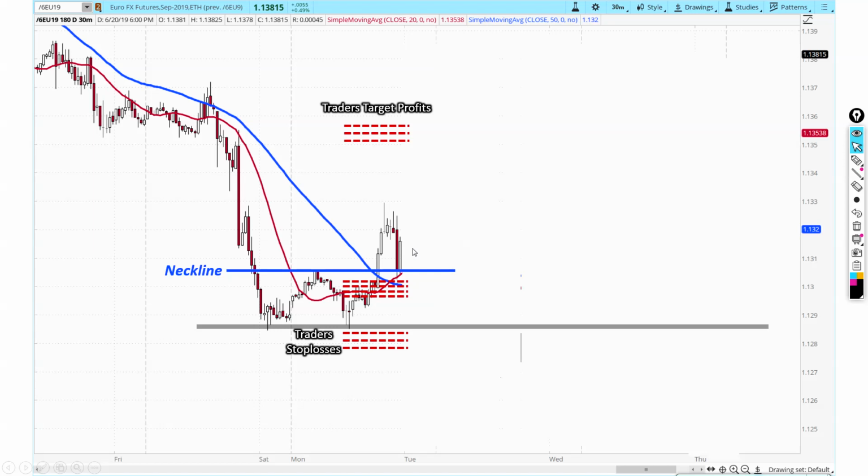But what it seems to look like is that when you see a lot of wicks in this area right here, it looks like someone with very huge volume is defending this price area, preventing the traders who are going bullish from taking their profit up here.